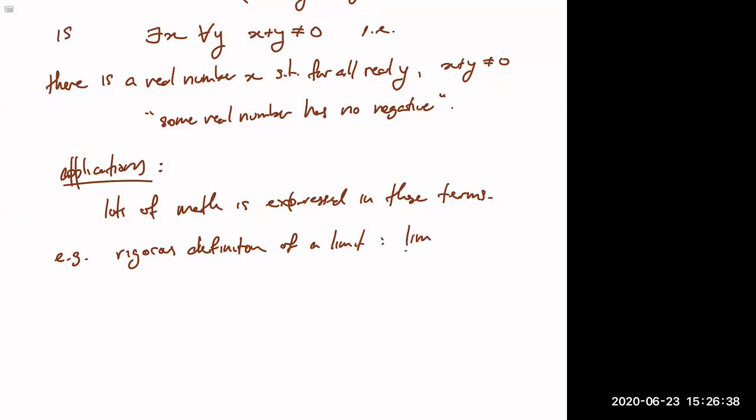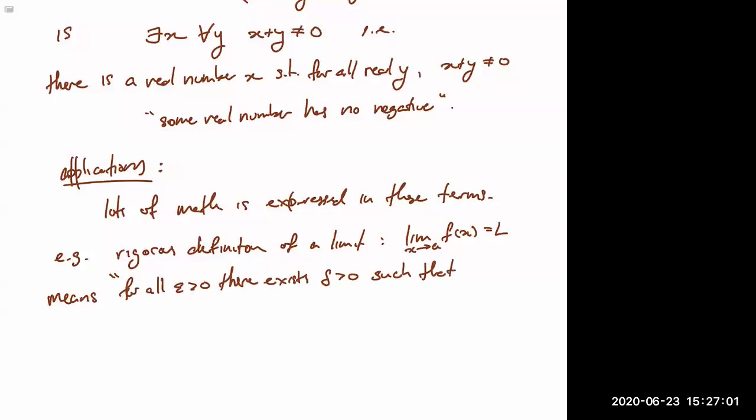So limit as x goes to a, f of x equals L. This is defined to be: for all epsilon greater than 0, there exists a delta greater than 0 such that absolute value of x minus a less than delta implies absolute value of f of x minus L is less than epsilon.